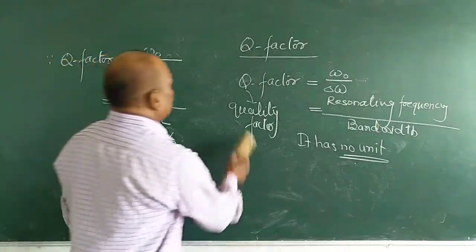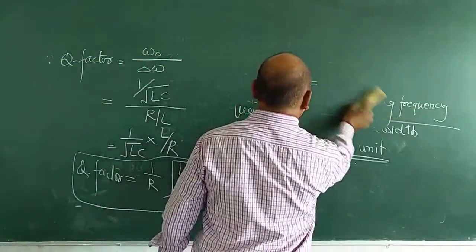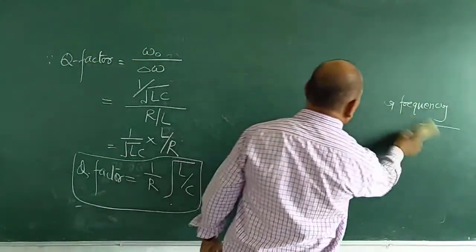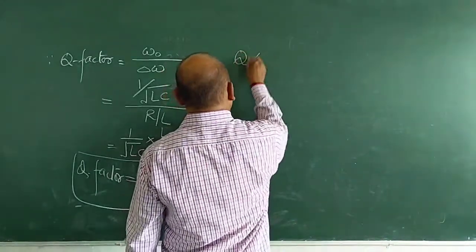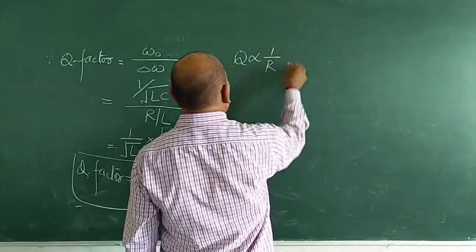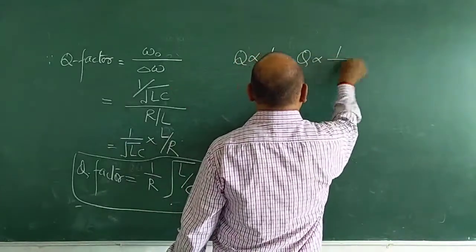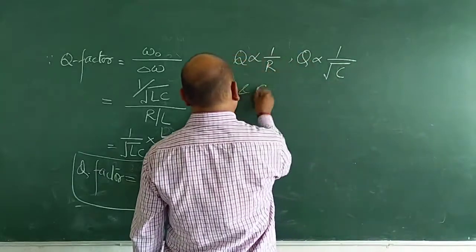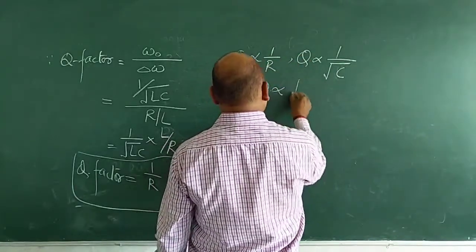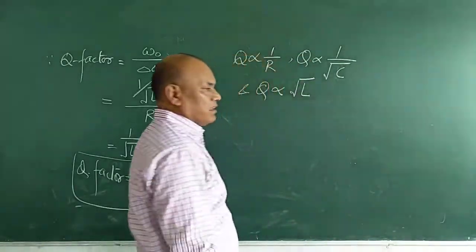So Q is proportional to 1 by R, Q is proportional to 1 by under root C, and Q is proportional to under root L.